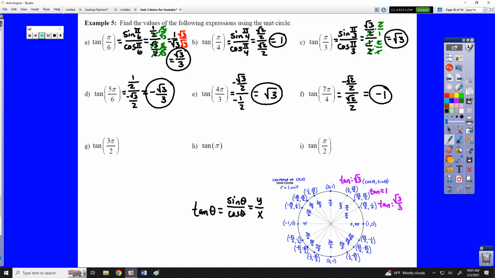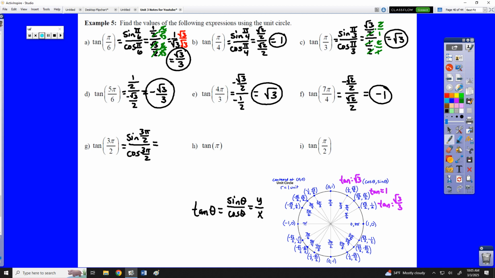All right, now the last three, they are different because they are dealing with your quadrantal functions, your positive x, positive y, negative x, and negative y axes that pass through those points 1, 0, 0, 1, negative 1, 0, and 0, negative 1. So the tangent of 3 pi over 2, remember that is the sine of 3 pi over 2 divided by the cosine of 3 pi over 2.